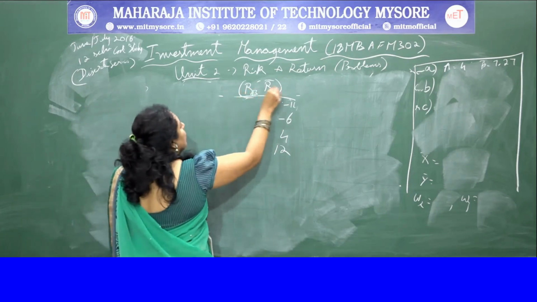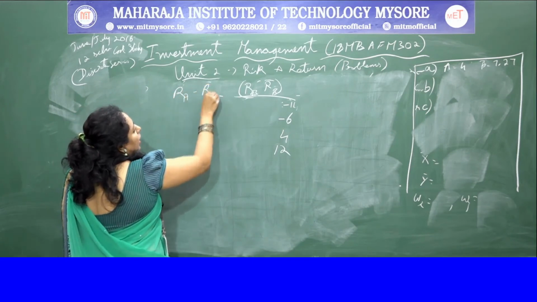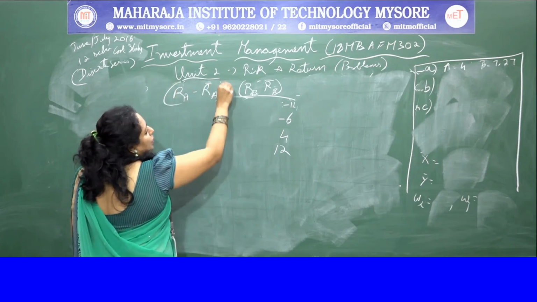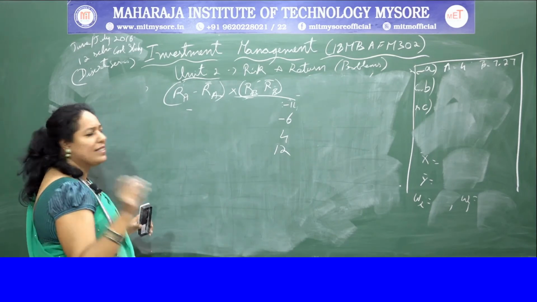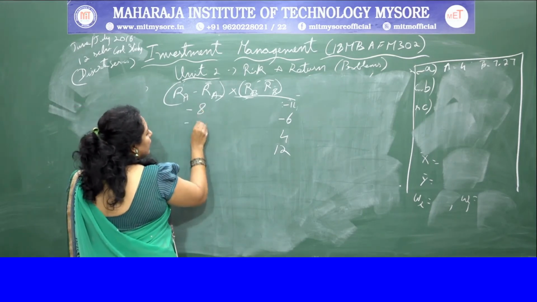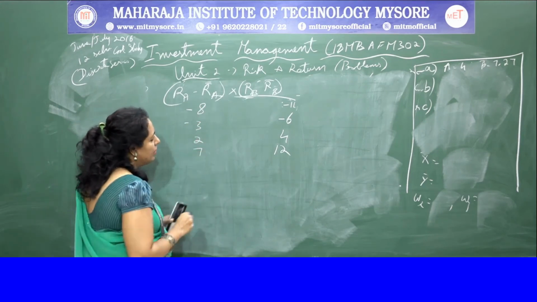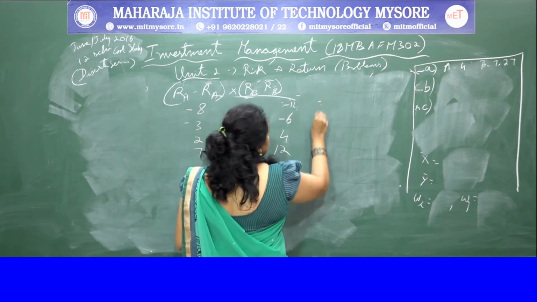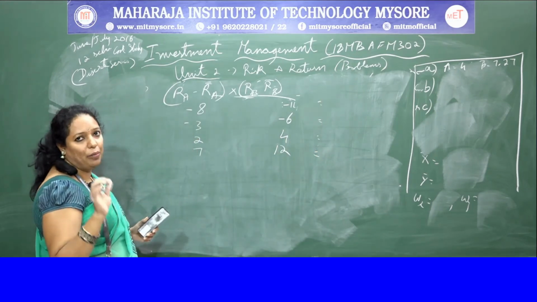This is of B, RB minus RB bar. We have to remember it was minus 8, minus 3 and 2 and 7, right? 2 and 7.